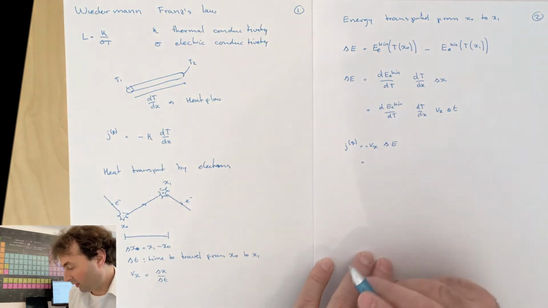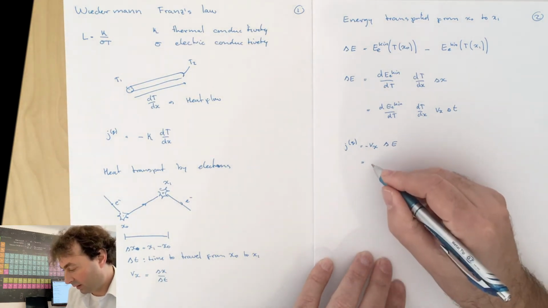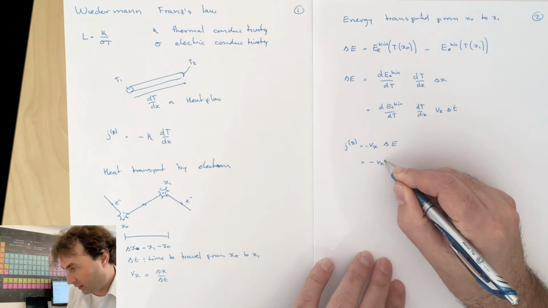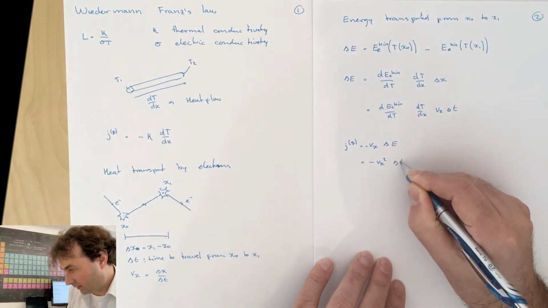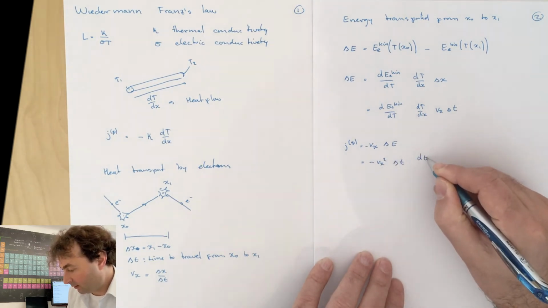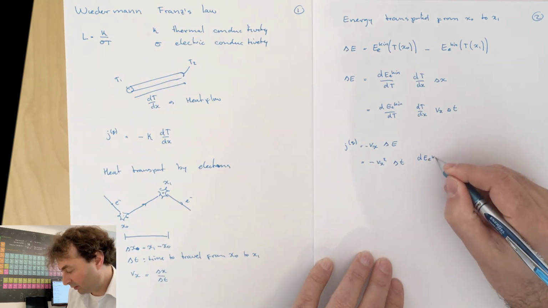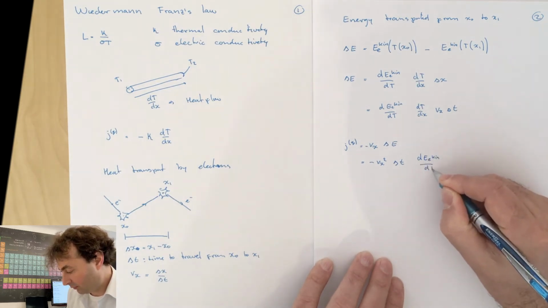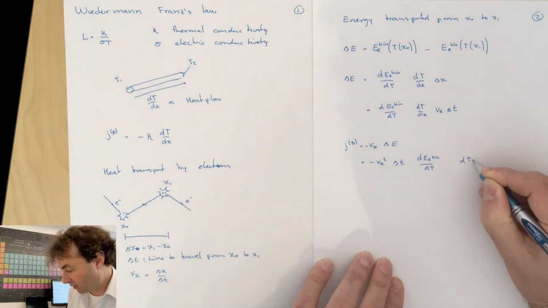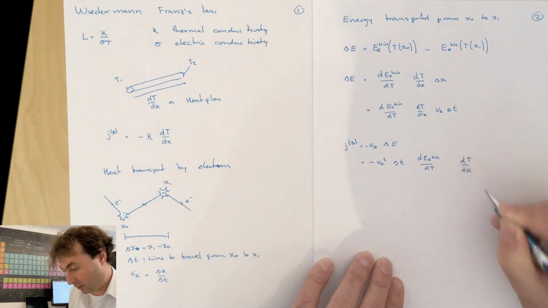Well, we can now put in the equation for delta E, and we find minus Vx squared delta t, and then the derivative of the kinetic energy with respect to temperature times the derivative of temperature with respect to position.